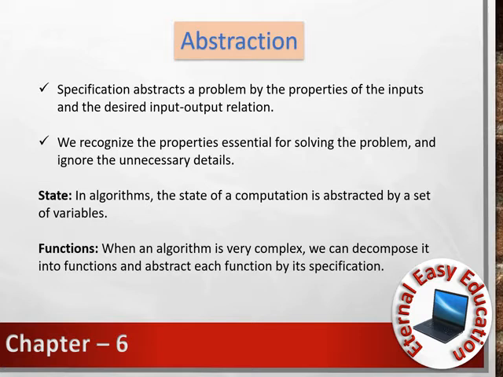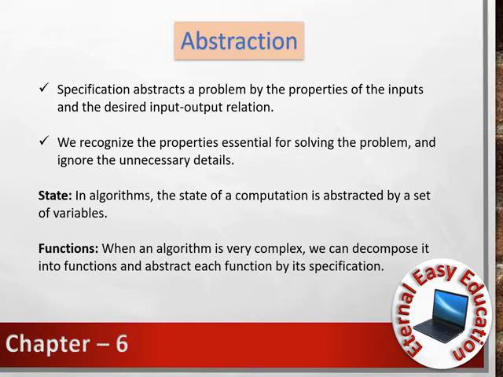So we know what is the input and what is going to be the input-output relationship if we are writing a specification for a given question or problem. We recognize the properties essential for solving the problem and ignore the unnecessary details. In a specification, it will give all the details, and among the details also, only the important things are taken care of.